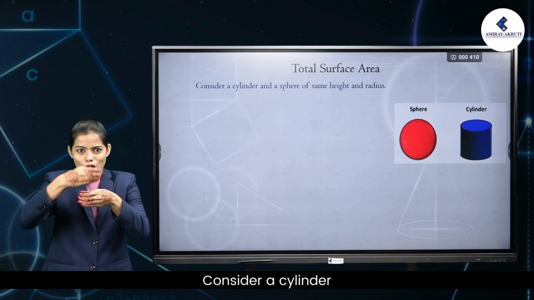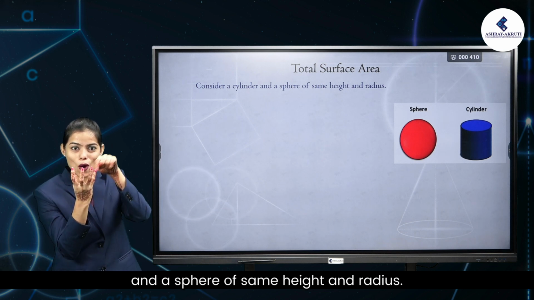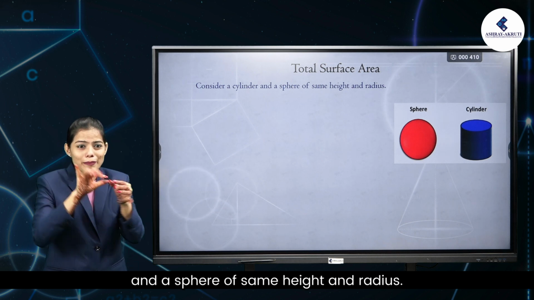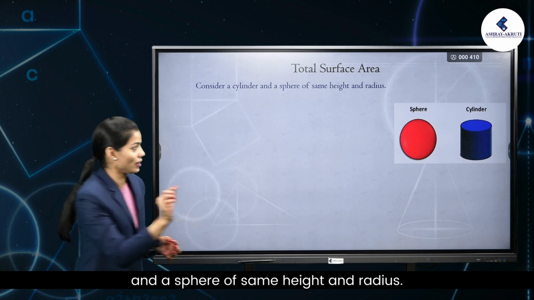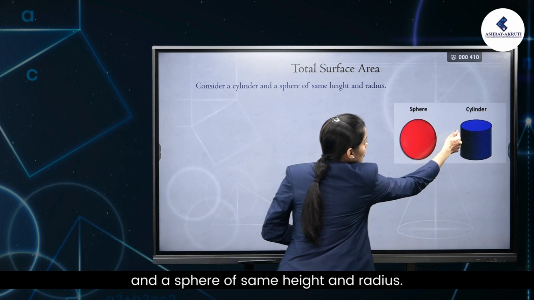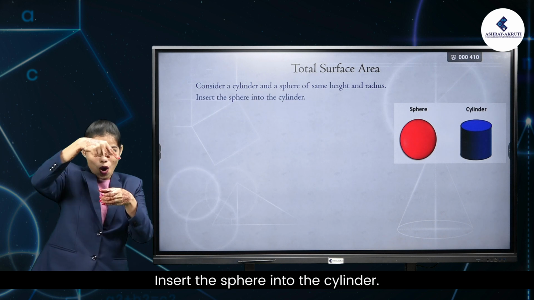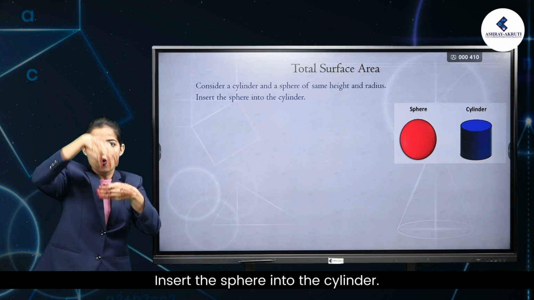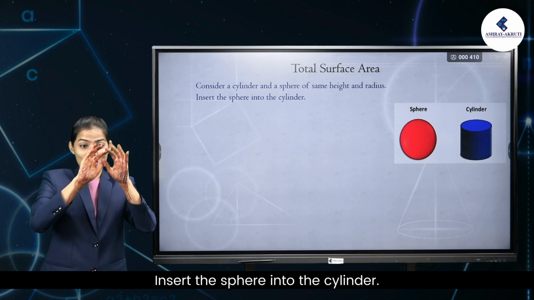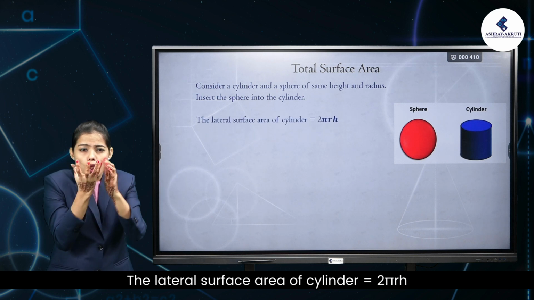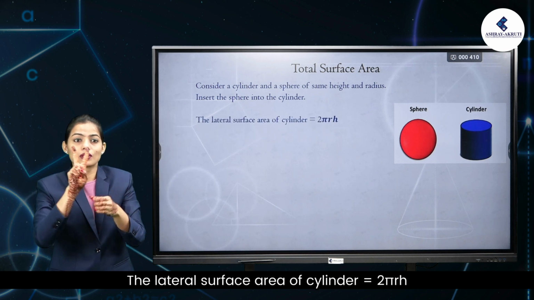Consider a cylinder and a sphere of the same height and radius. Insert the sphere into the cylinder. The lateral surface area of the cylinder is equal to 2πrh.